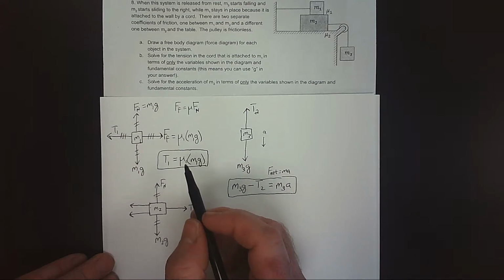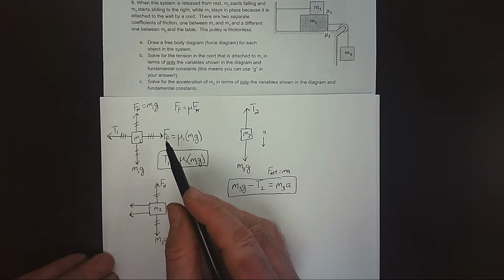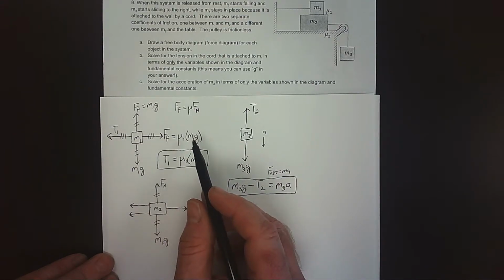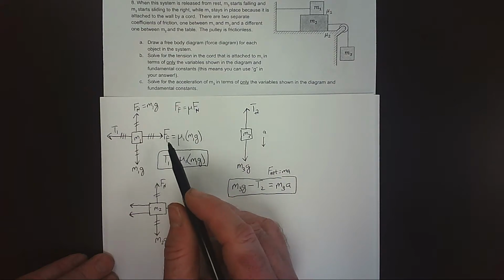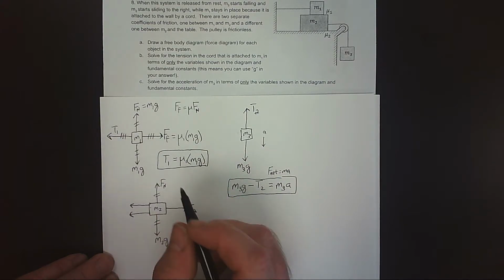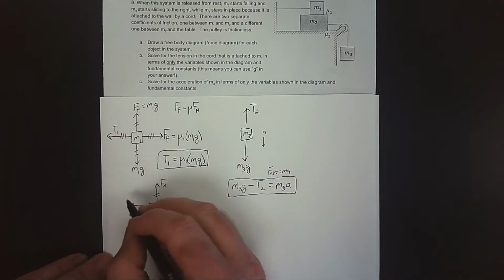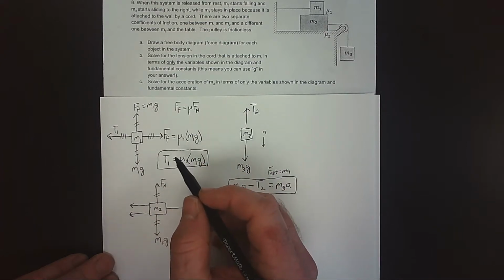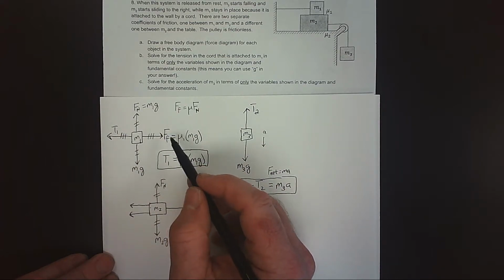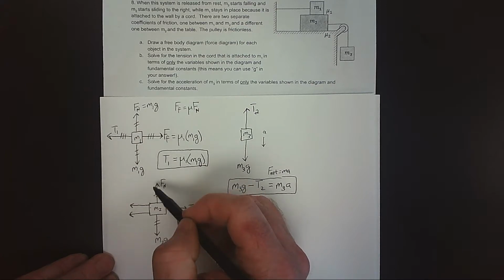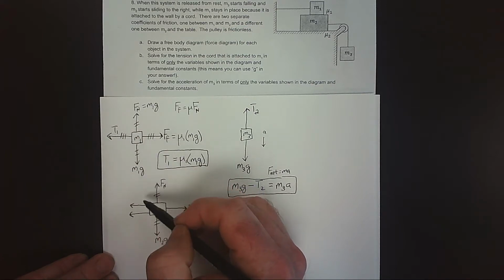We already know the force of friction from M1. Force of friction is equal to mu1 times M1g. I'm sorry, that was the force of friction from M1 up here. This is the same force of friction that M1 experienced. It's just equal and opposite. This is a Newton's third law pair.